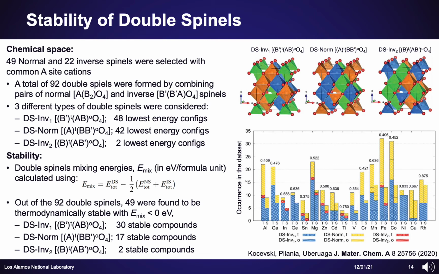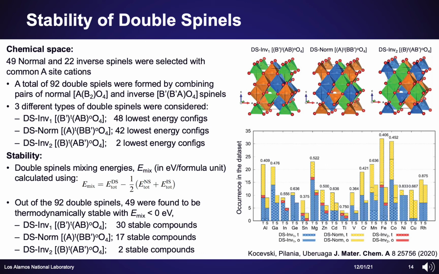Our results show that out of these 92 cases, the inverse double spinel configuration of type 1 is of lowest energy in 48 cases, normal double spinel configuration is of lowest energy in 42 cases, and there are only 2 cases where inverse double spinel configuration of type 2 was of lowest energy.